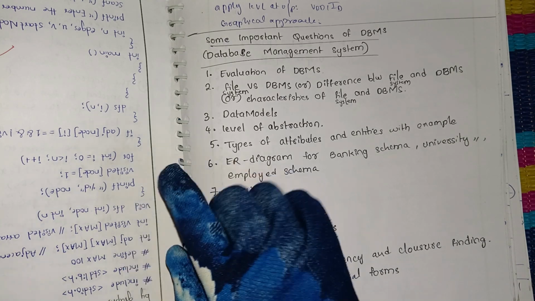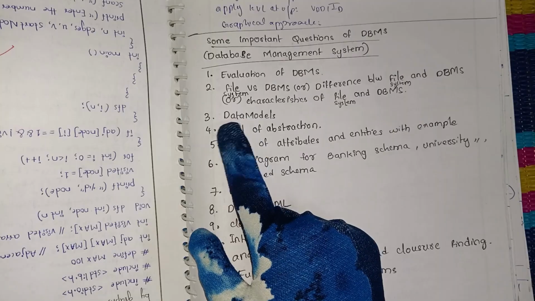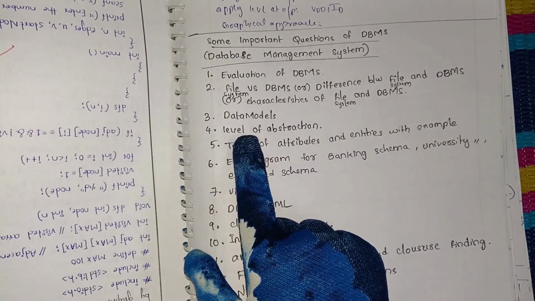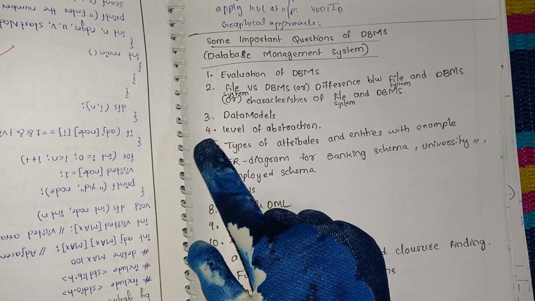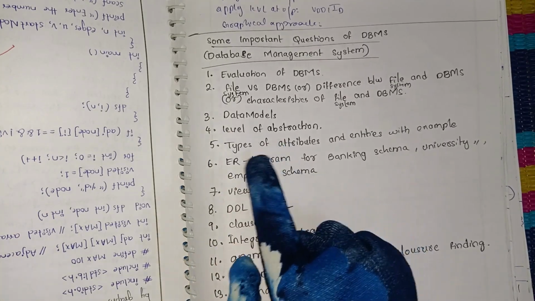In the previous class, I explained the third important question and its answer of the DBMS subject, database management system. And in this class, I will explain the fifth important question and its answer.